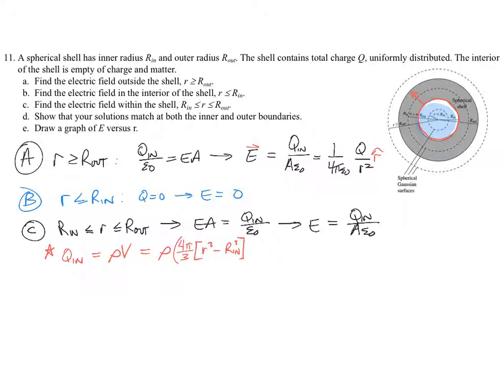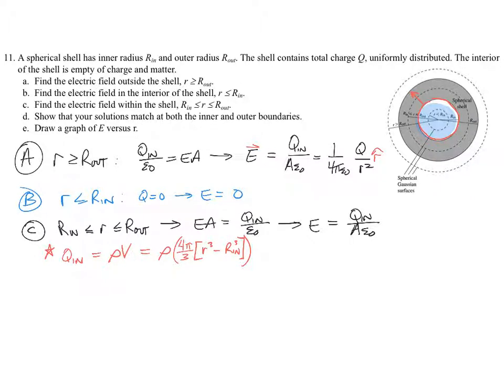So your volume at any given location, r between the in and the out, that's going to be your volume at that location relative to your charge density. So now we have a statement for the charge on the inside of your Gaussian surface, or we have the volume for that, but we haven't defined the charge density, the volumetric charge density. And so that is our next step.